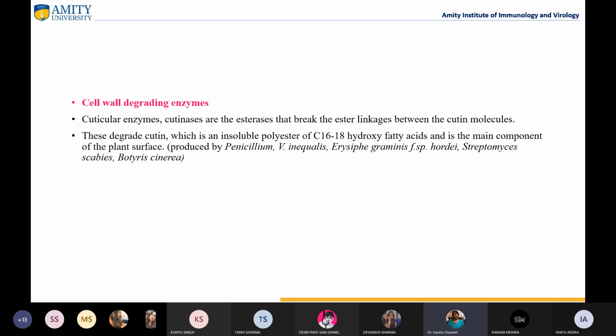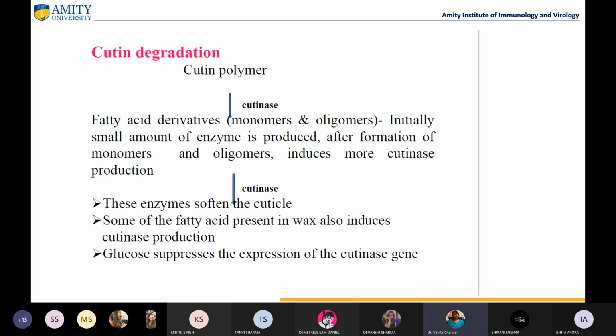So cuticular enzymes, cutinases, these are the esterases that break the ester linkages between the cutin molecules, right? So these degrade the cutin. For example, these are produced by Penicillium, then Erysiphe also, then Streptomyces also, Botrytis cinerea also. So these enzymes are produced by different fungal and bacterial pathogens. Okay, so this is how cutin is degraded. Cutin is a polymer.